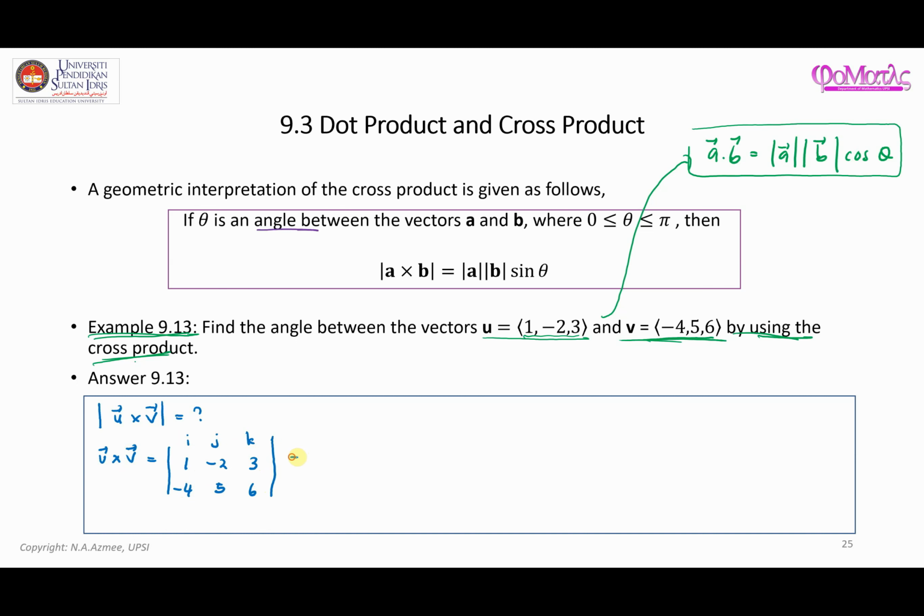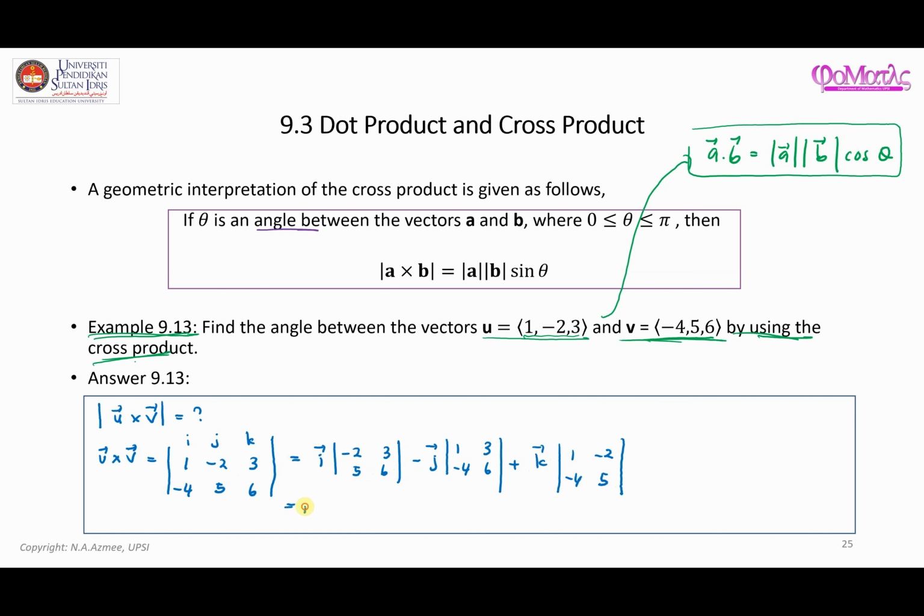And this is equal to vector I. So we will have -2, 3, 5 and 6 minus vector J. So you will have 1, 3, -4 and 6 plus vector K, and you will have 1, -2, -4 and 5.